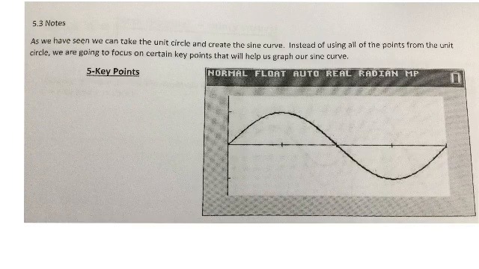Instead of using all the points from the unit circle, we're going to focus on certain key points that will help us graph our sine curve. So just like we did when we did parent functions with parabolas, square roots, and cube functions, we had certain key points that we memorized, and we just did the transformations from those points.